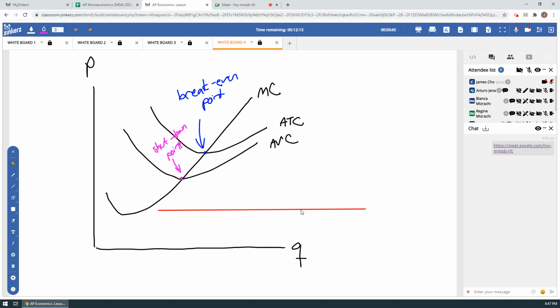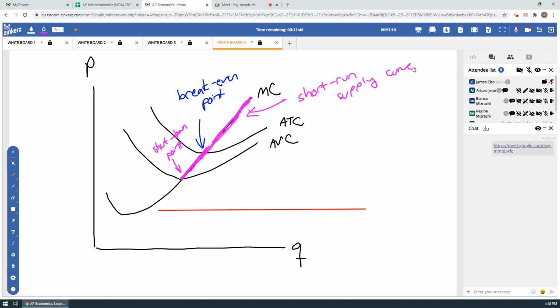Your marginal cost curve has some very, very special ranges or areas. If you're ever above your shutdown point, so from here and above on your marginal cost curve, we call this the firm's short-run supply curve.